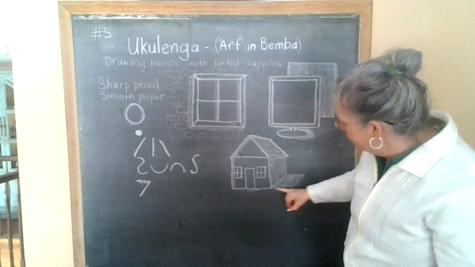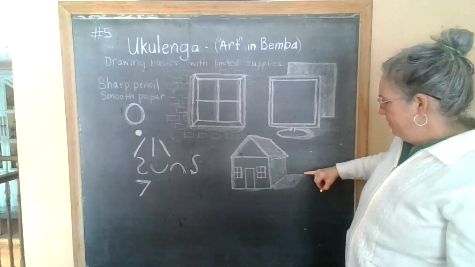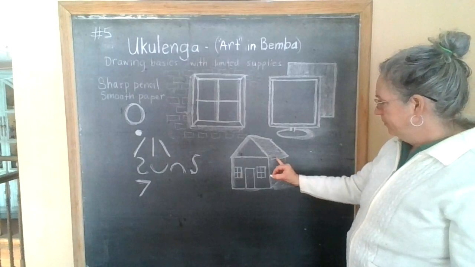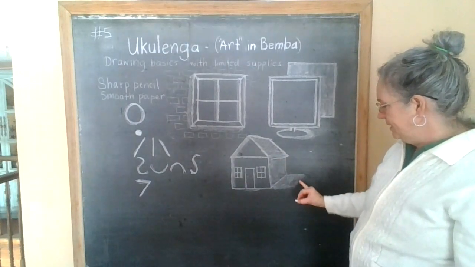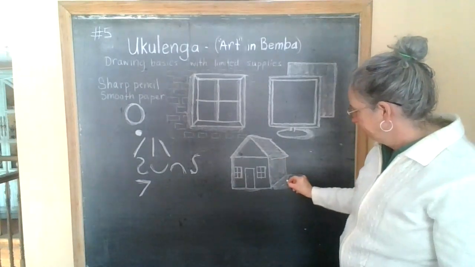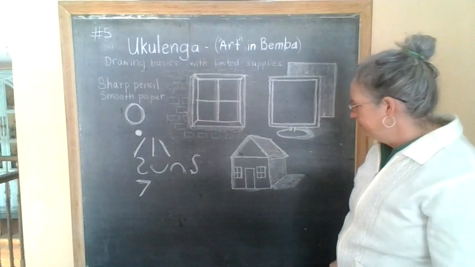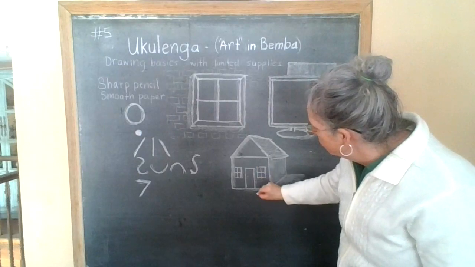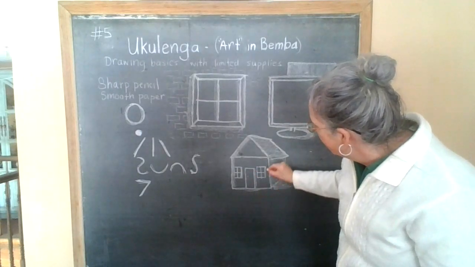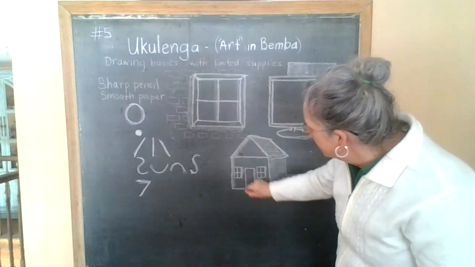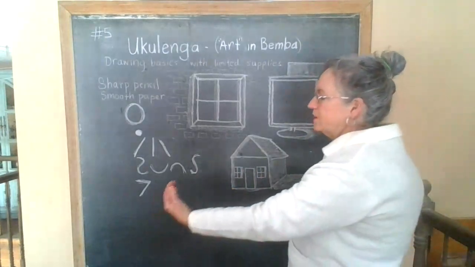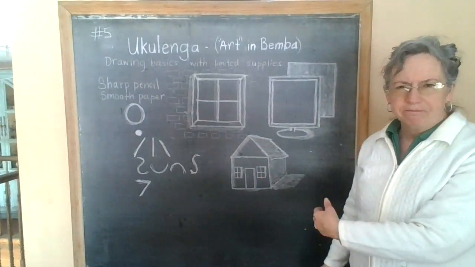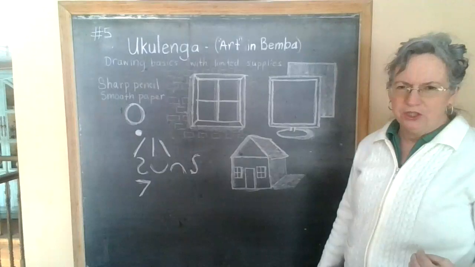So this angle is going to extend. This one will be parallel. This angle will extend this way. Now we might see a little bit of a shadow on the right side of the door if it recesses, and the right side of the windows because your light source is from the left. I hope that helps you.